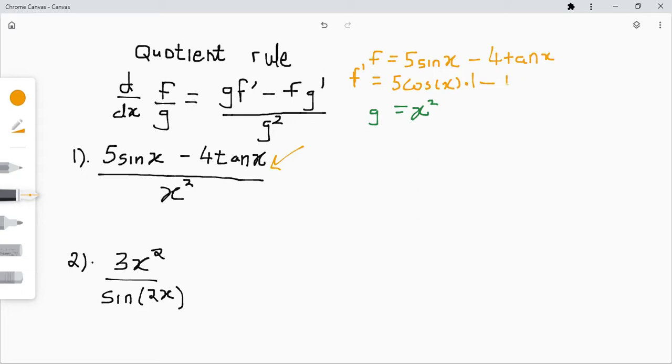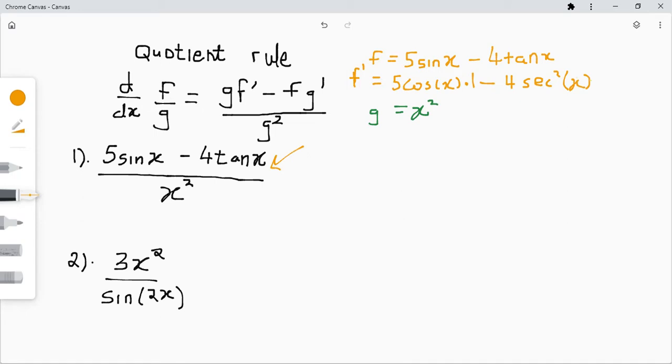So we'll say minus 4 secant squared x, times, we have to derive this x here.